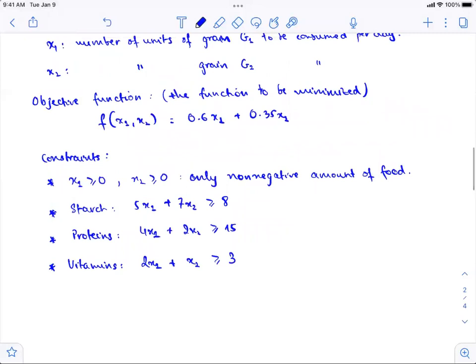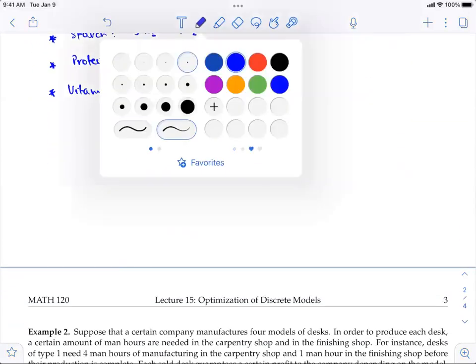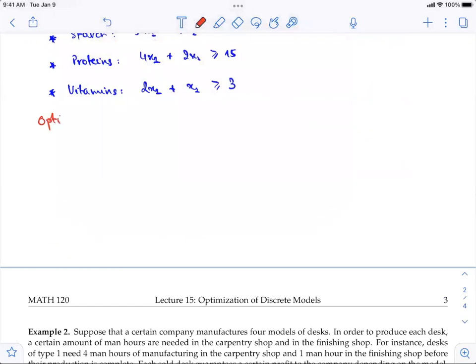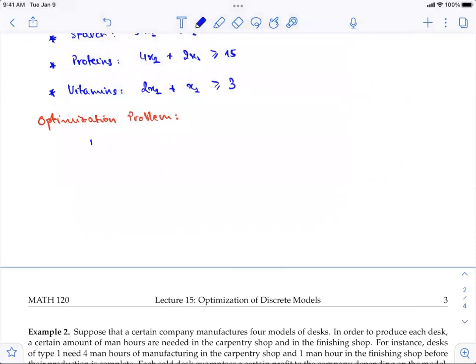So this is the optimization problem that we need to formalize. All right, so put everything together. Here's the optimization problem. This is what we got: we want to minimize the function f of x1, x2 equal to 0.6 x1 plus 0.35 x2.